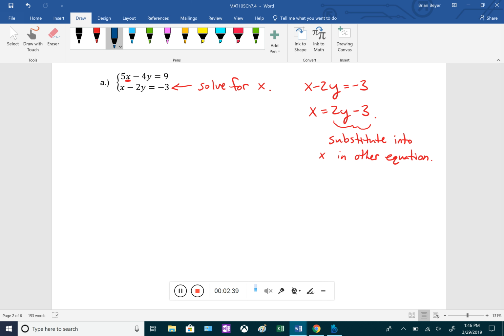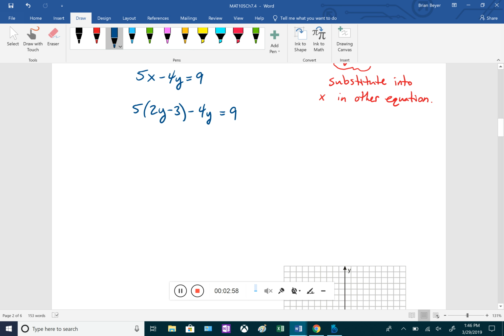So that's going to be 5x minus 4y equals 9. Instead of x, we're substituting 2y minus 3. Now this gives us one equation with one variable, so we can solve it like we normally do.